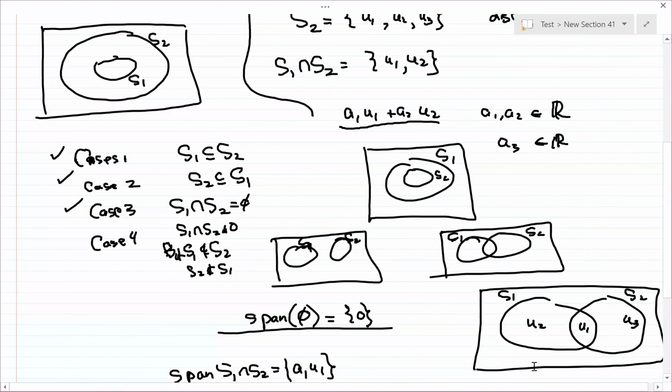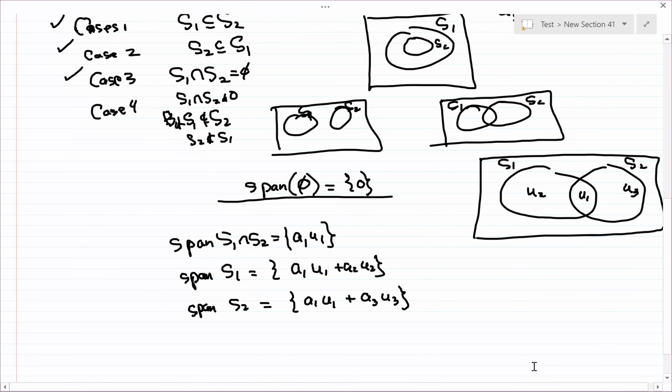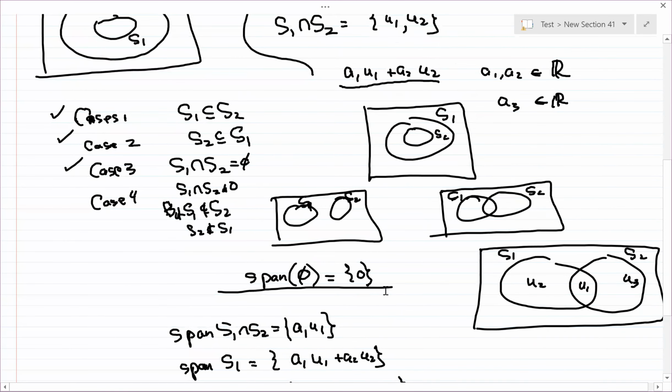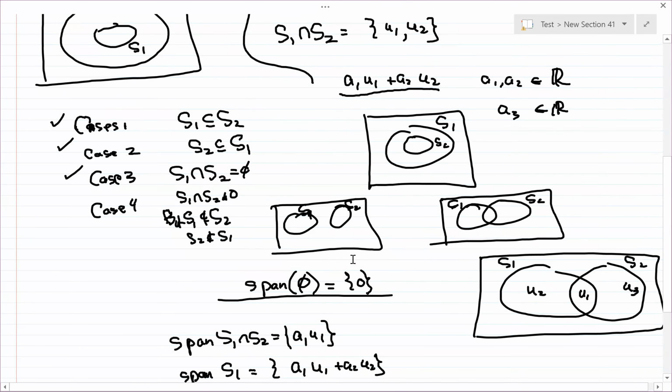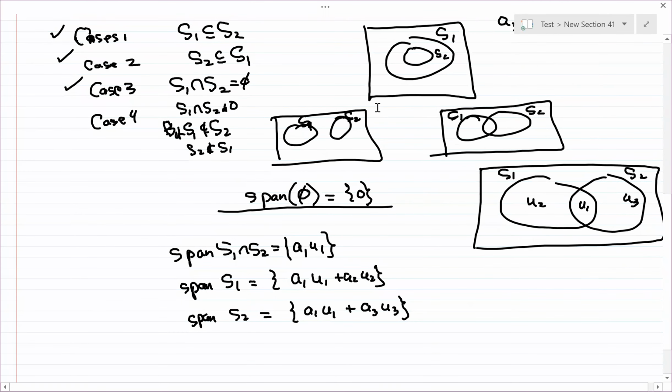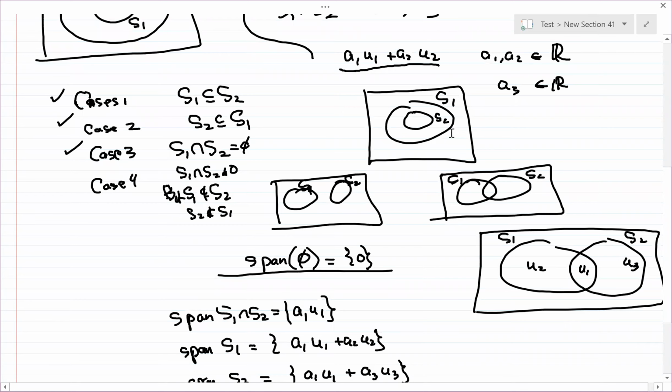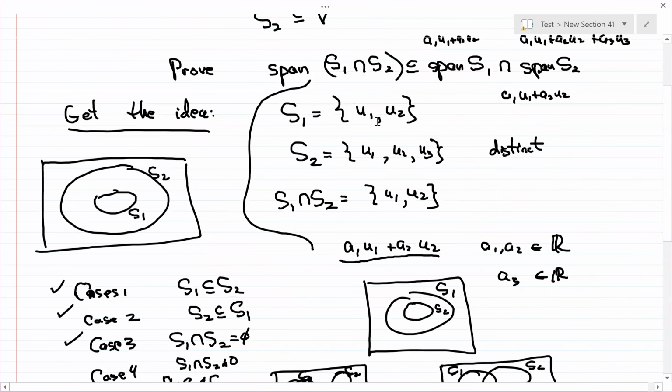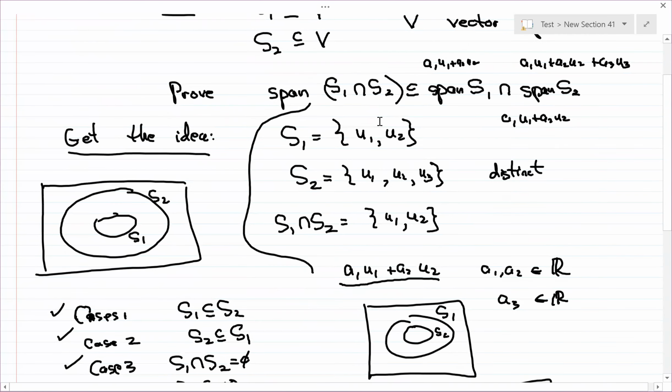Is it okay, if you don't know how to do something, to argue from cases that you do understand? Sure. And now you can just expand this. But first, before I expand it and tell you why it's true in general, is it clear what I'm saying here? I'm saying if this is the picture, then this inclusion holds, because these things look like linear multiples of U1 only.